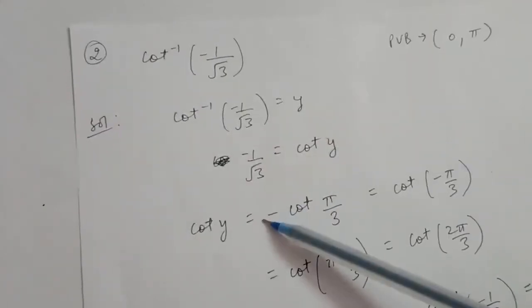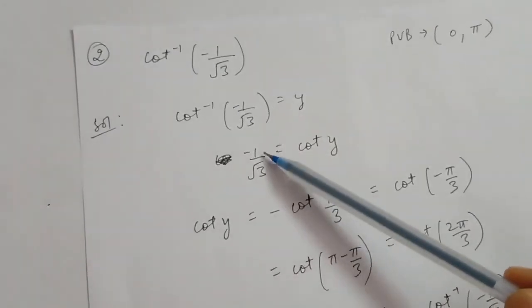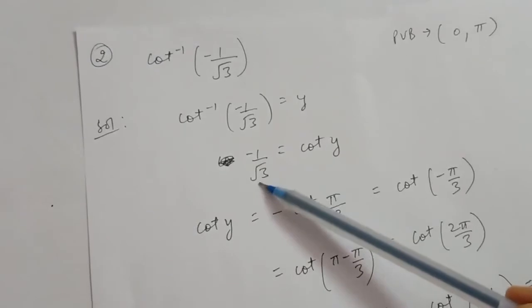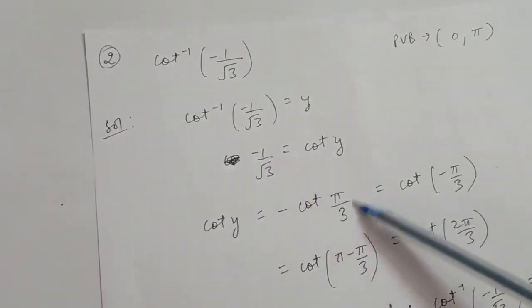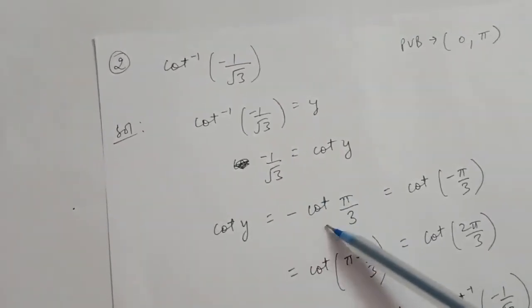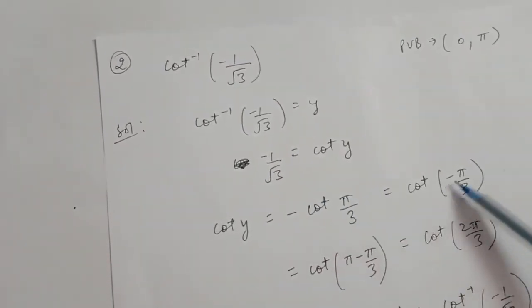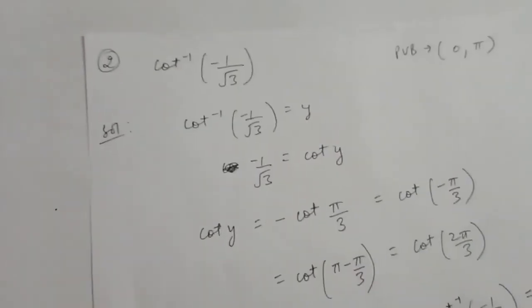Now cot y is minus cot pi by 3. See, it is minus 1 by root 3, and you know the value of 1 by root 3 is at pi by 3. Cot pi by 3 is 1 by root 3. Now see, this can be written as cot of minus x, because cot of minus x is minus cot x.